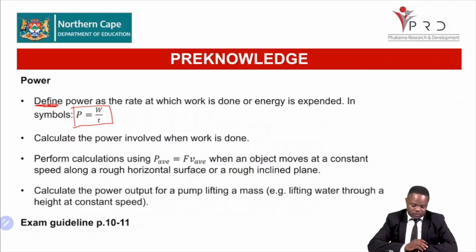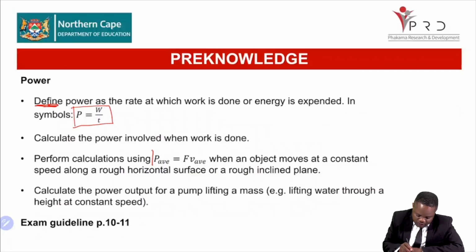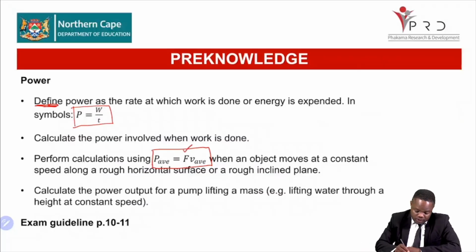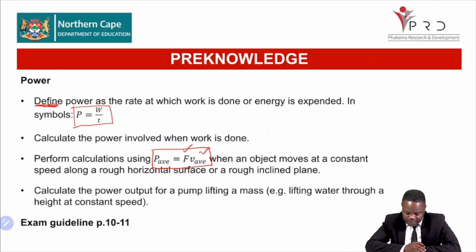Right. And then also we have this formula. I hope you remember it from our previous lesson. Our average power is equal to your force multiplied by the average velocity of an object.